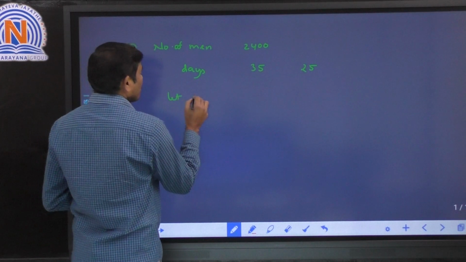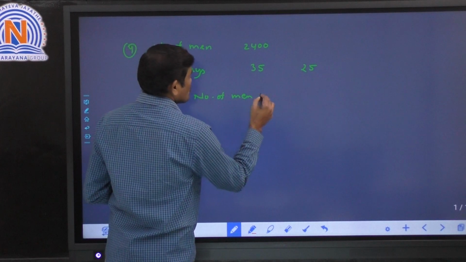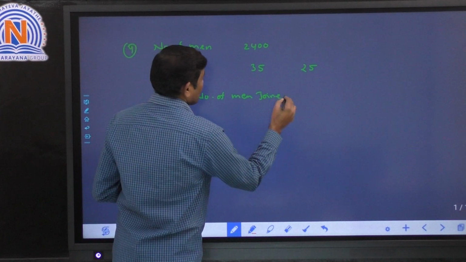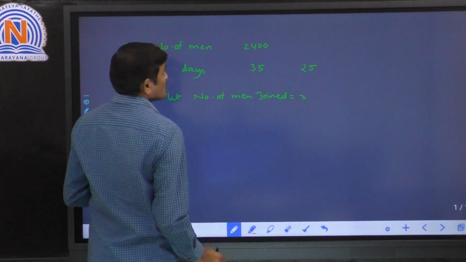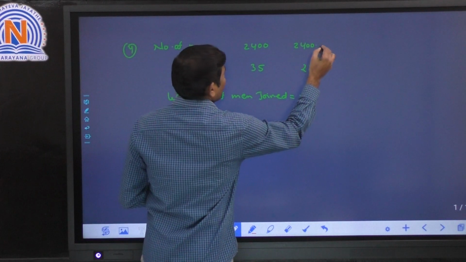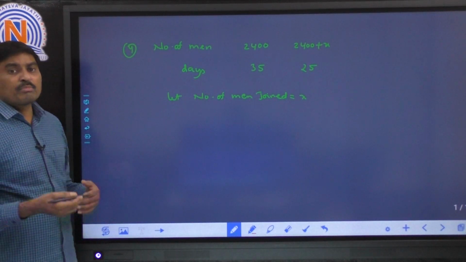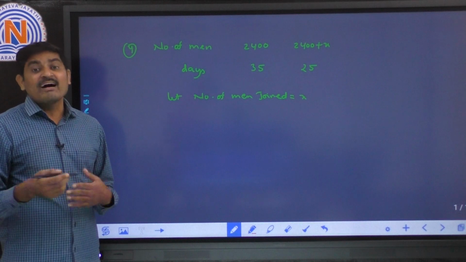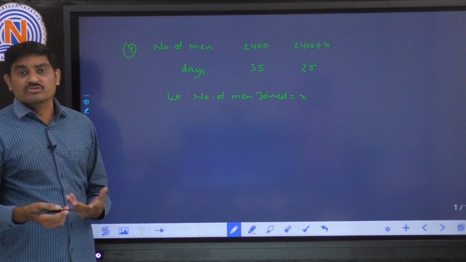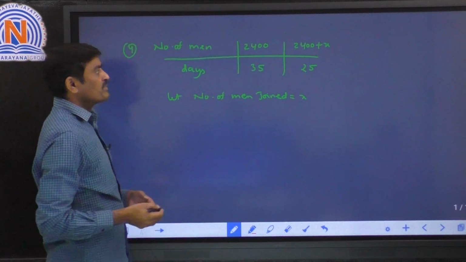Let the number of men who join be equal to x. So now the present number of men is 2,400 plus x, because in addition they joined. So here the number of men and days are in inverse variation. Two quantities in inverse variation, their product must be equal.